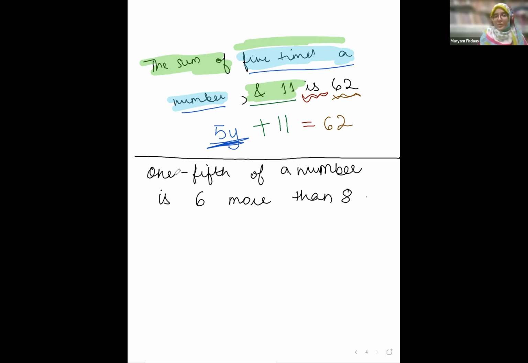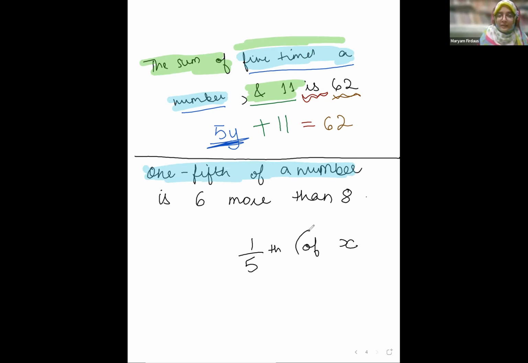Don't look at the whole question. First, tell me 1/5 of a number. Can you translate this into mathematical language? If I say 1/5 of x, how will I write this in mathematical language?